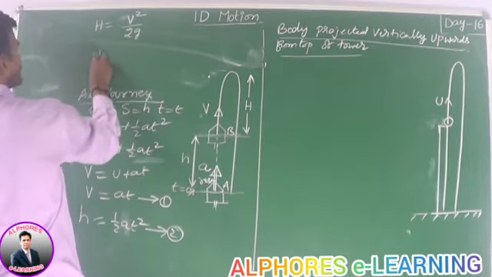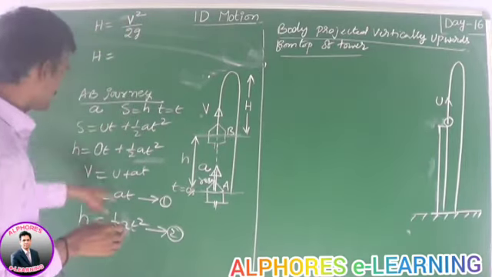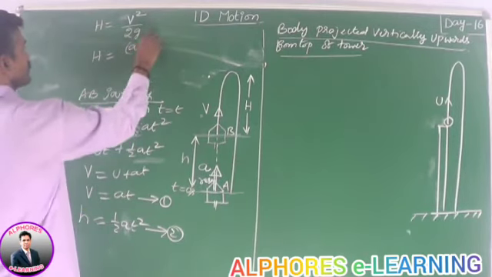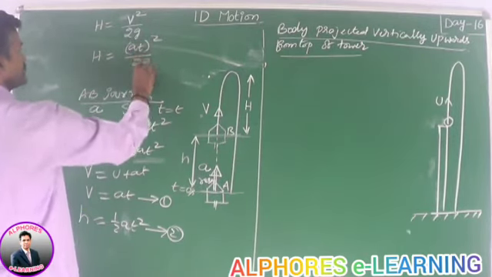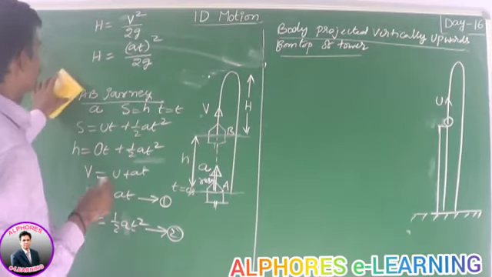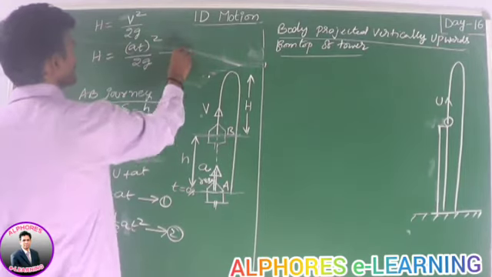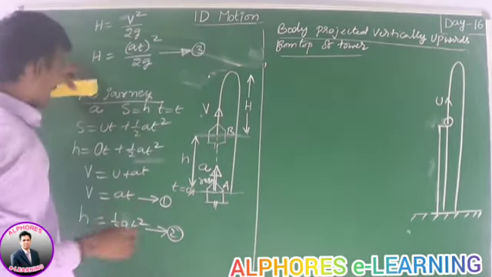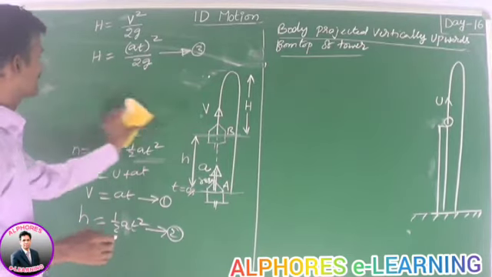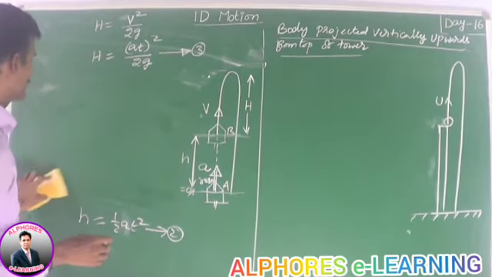So this capital H is actually, our v is at from equation 1. So it is at whole square by 2g. From these two, I am calling this equation number 3. Adding 2 and 3, I can get the maximum height reached by the rocket.